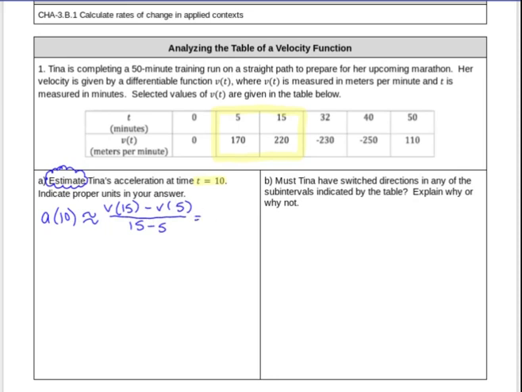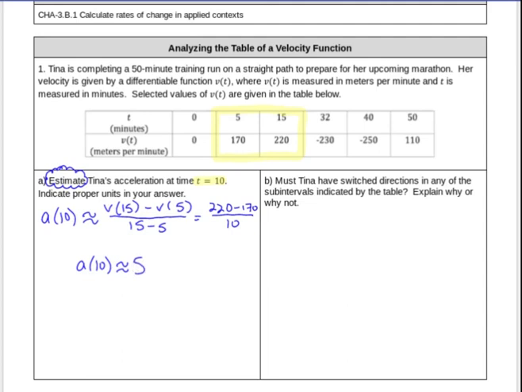And now if we go ahead and plug in, we'd have 220 minus 170 all over 10. 220 minus 170 would be 50 over 10. And so we get that the acceleration at 10 is going to be approximately 50 divided by 10, which is 5. And now we need to think about those units.